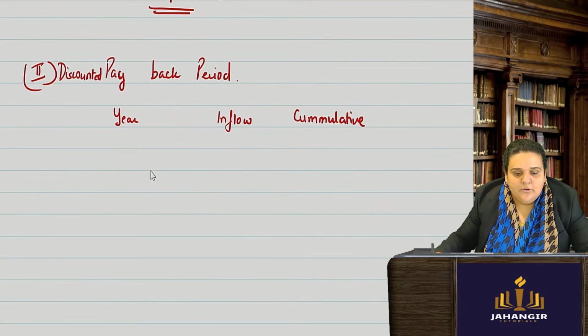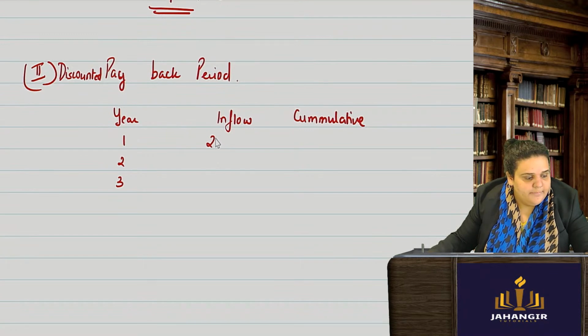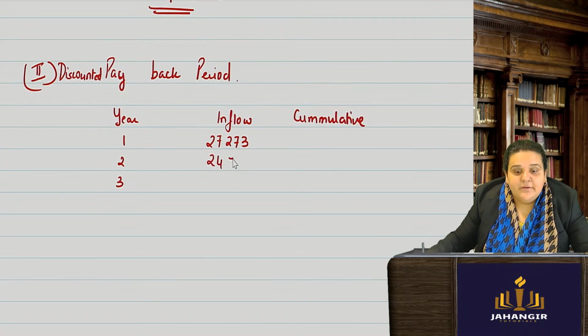Okay, so here 1, 2 and 3, my first year PV inflow, I'll take now all the net present value, 27,273, then I have 24,792, we just solved, right? 22,539.